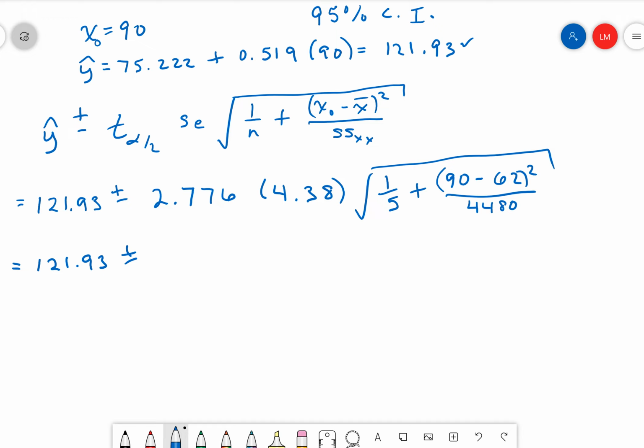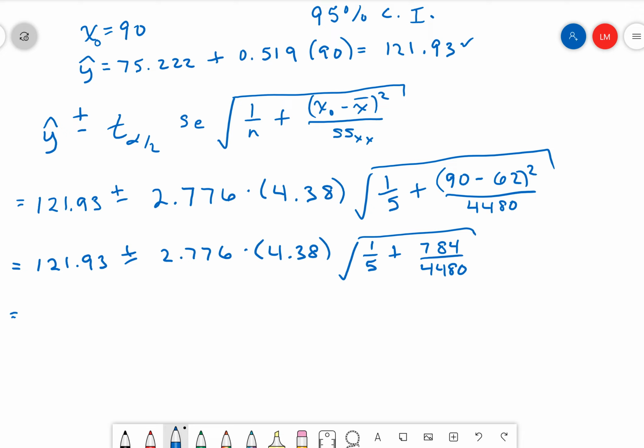If you plug all that in, and be very careful plugging it in, I might go one more step here. So that would be 4.38 multiplied by 1 over 5 plus 784 over 4480. You might want to do this in steps because this gets tricky going into the calculator accurately.